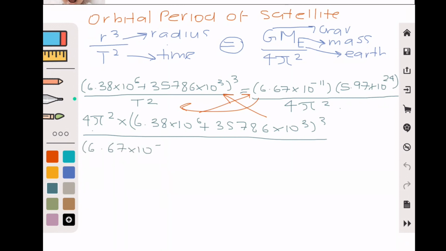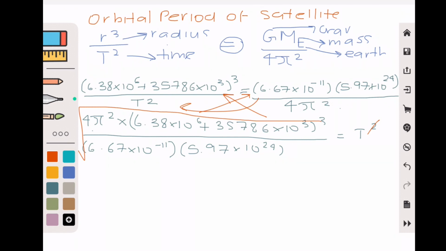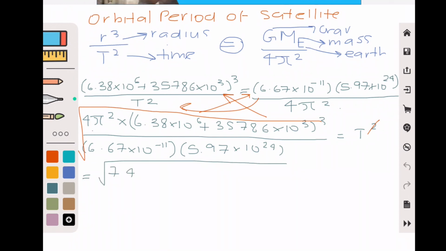Next step is square rooting it to get the unknown, which is t. Square root of 4 pi squared times (6.38 times 10 to the power of 6 plus 35786 times 10 to the power of 3) cubed over 6.67 times 10 to the power of minus 11 times 5.97 times 10 to the power of 24.